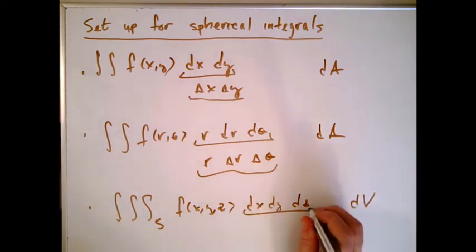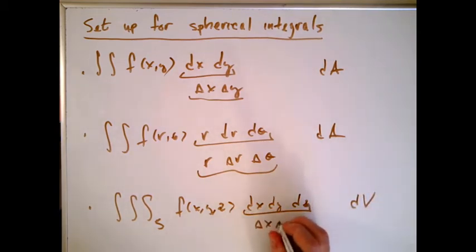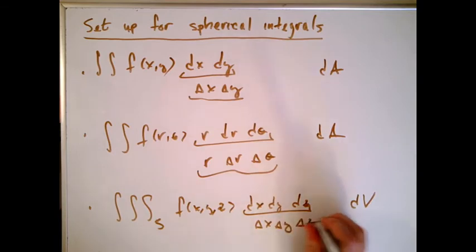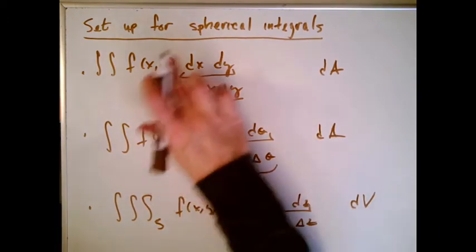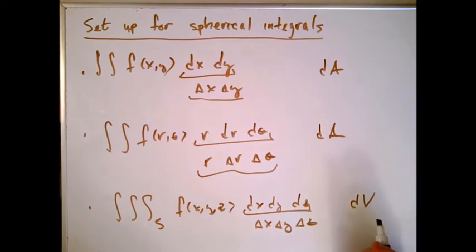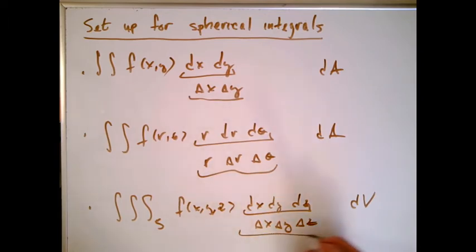But remember, this came from delta x, delta y, delta z, and we made that little box the same way we made these little boxes. But this corresponded to having a little volume. If we're going to do an integral in spherical coordinates, we're going to have a little spherical box, whatever that means, and be able to calculate the volume of that box. And that's what's going to actually be in every spherical integral that we do.